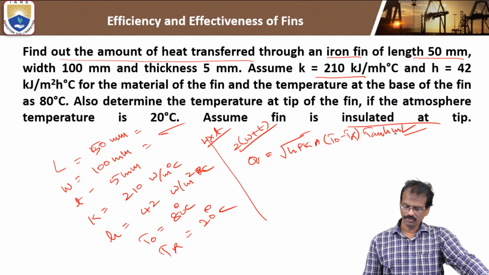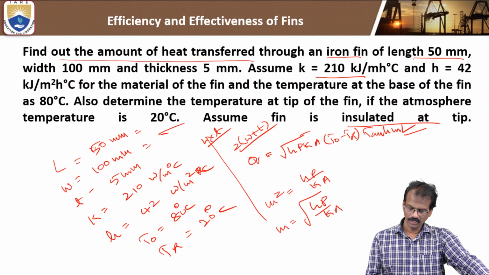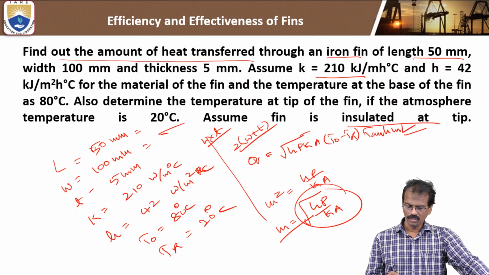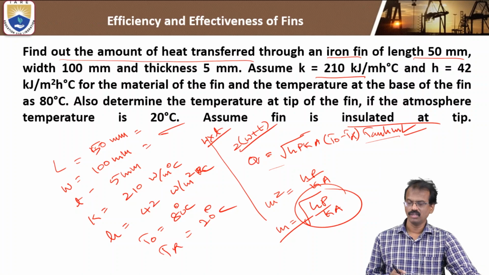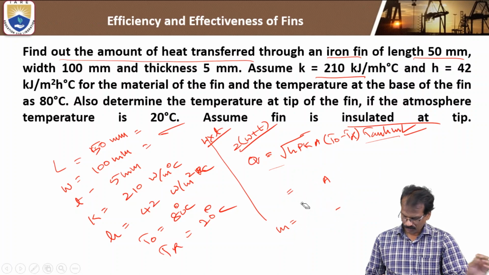And m you have to find out: m square is equal to hP by kA, then m is equal to under root of hP by kA. By using these values, you can find out m. If you find m, then you can substitute all the values in this formula, and then we will get the rate of heat transfer. We will see here.